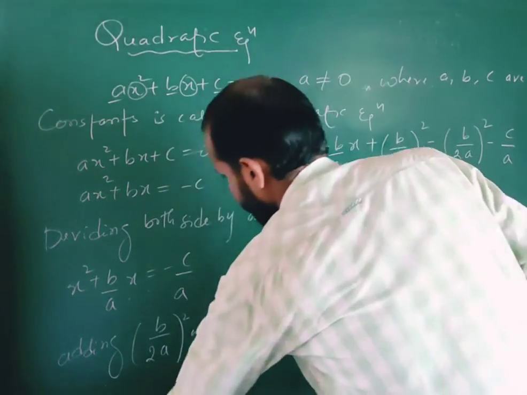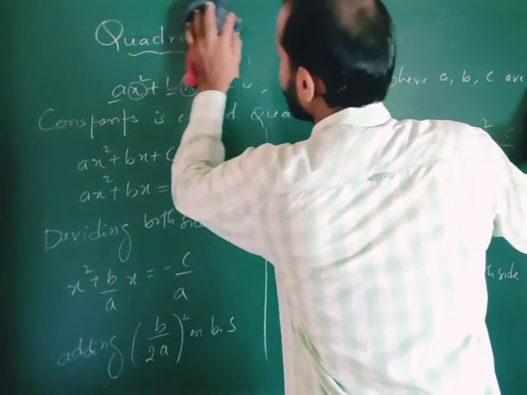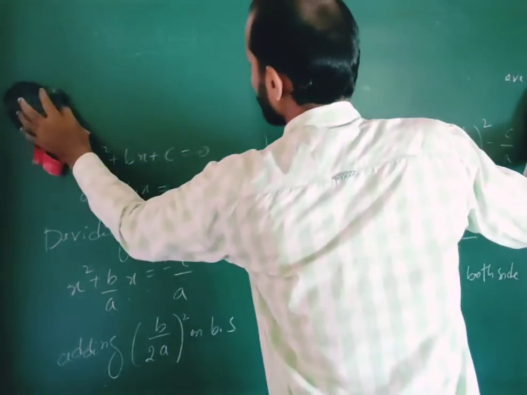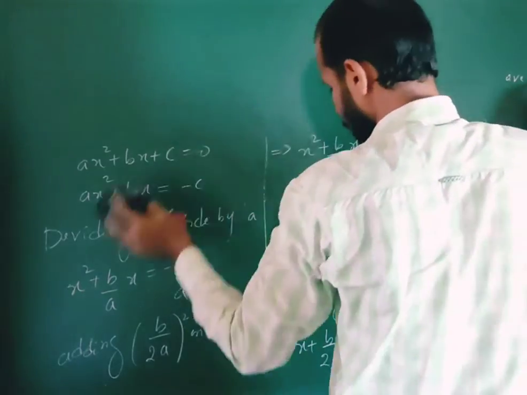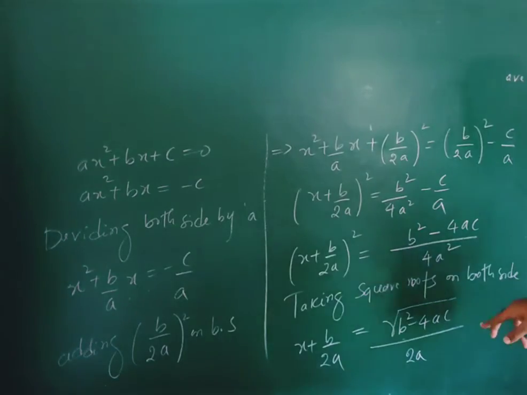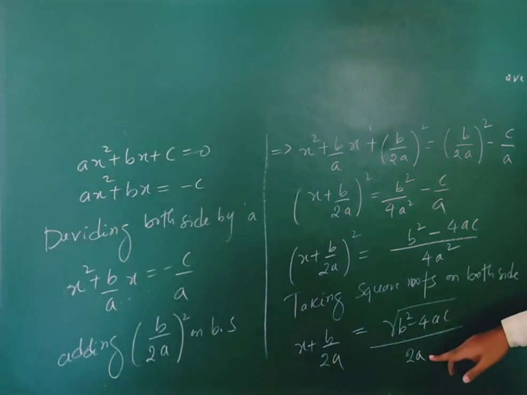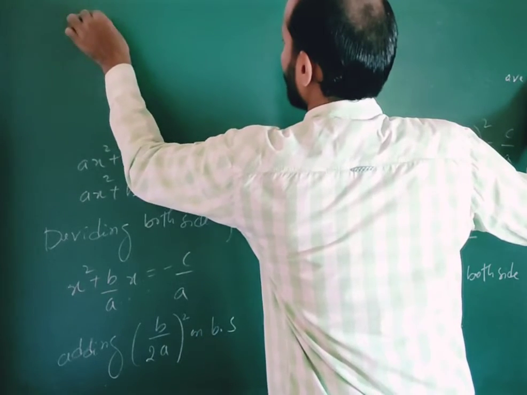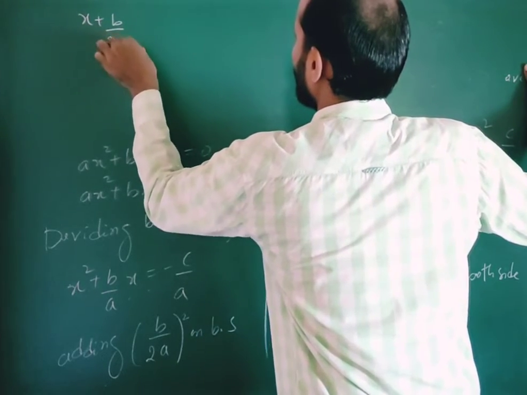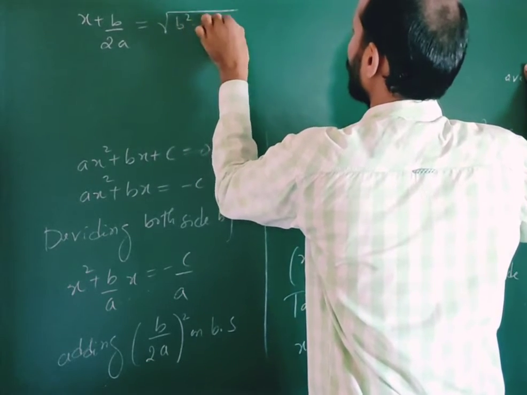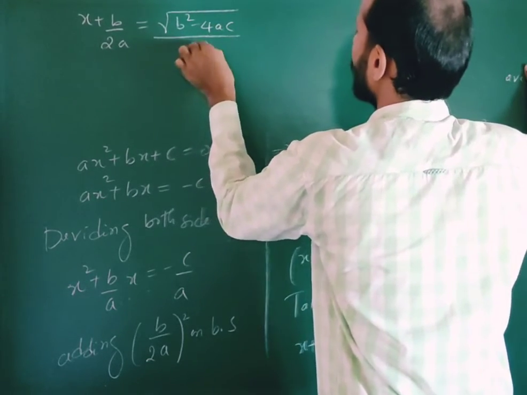I can write here continuation. See, if x plus b by 2a, which is equals to under root of b square minus 4ac by 2a, now x plus b by 2a, which is equals to root of b square minus 4ac upon 2a we got.